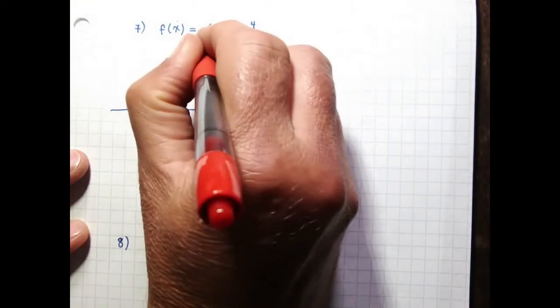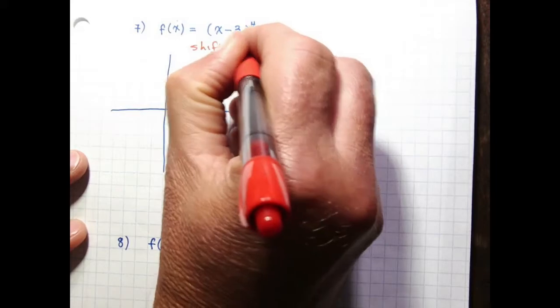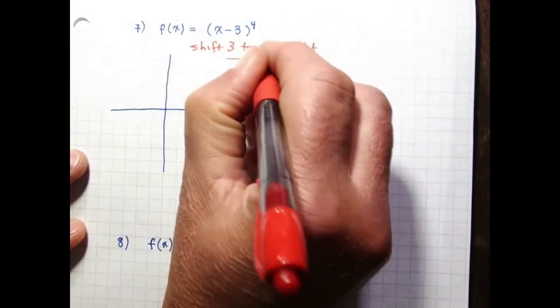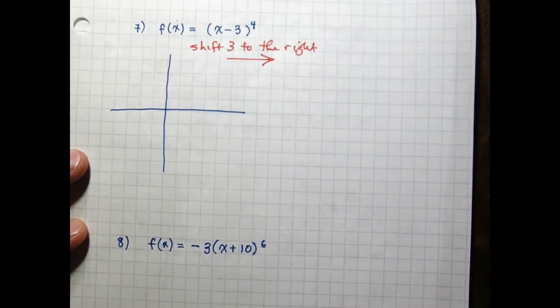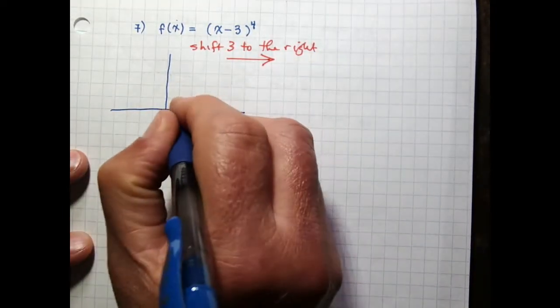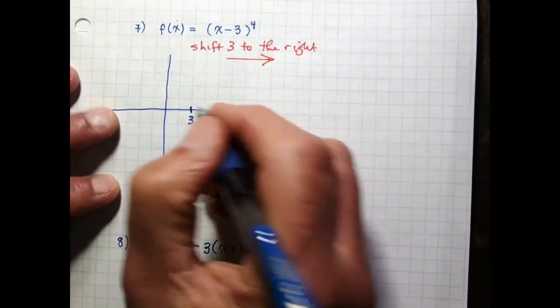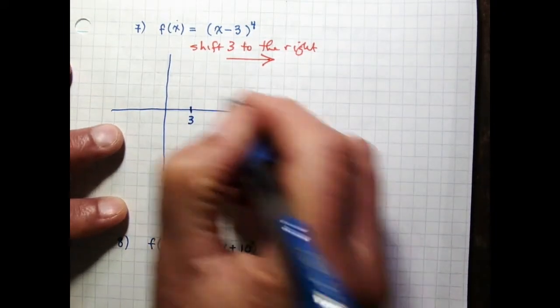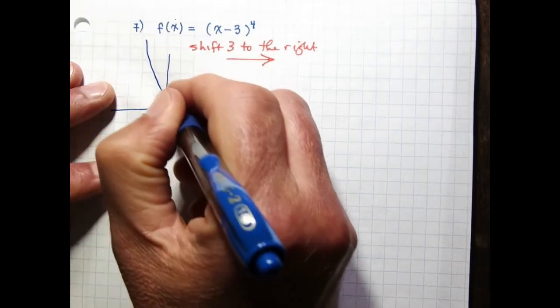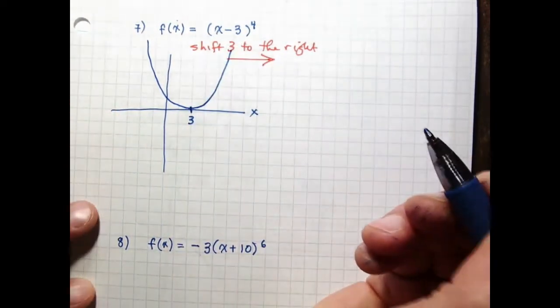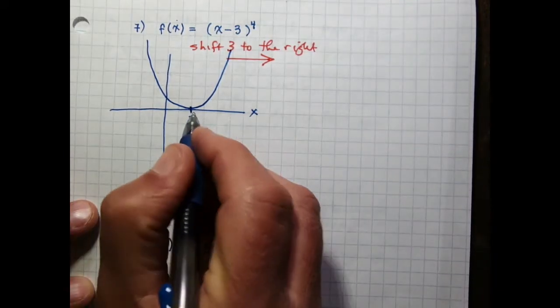So we have to shift 3 to the right. Remember, it's counterintuitive with the horizontal shift. So again, I'm just going to label a 3 on my x-axis, and then I just want to draw a U shape that comes down and touches at that point.